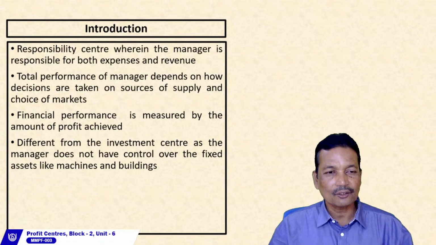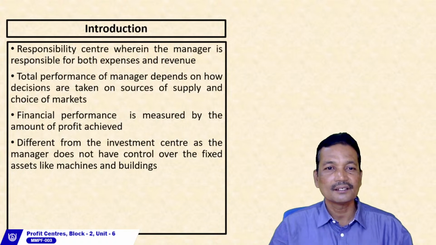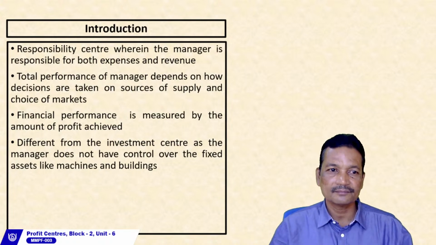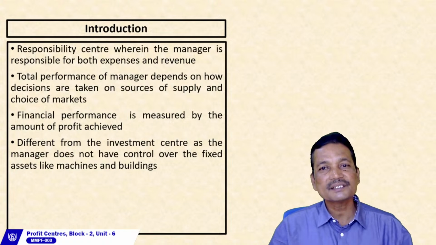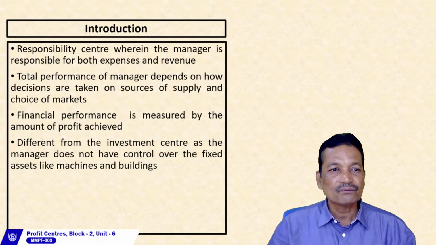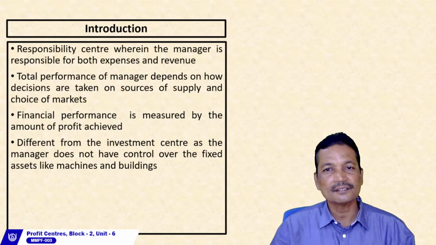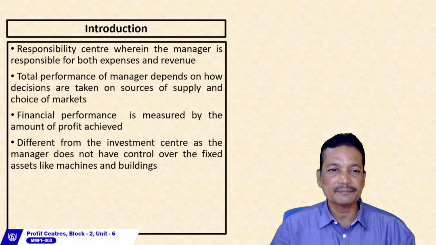Now when they are given authority to take decisions, they have the autonomy to choose the sources of supply, that means the inputs, and where they will be selling the outputs, that means the choice of markets. The financial performance of the particular division or the profit center is measured by the amount of profit achieved in a given period of time.